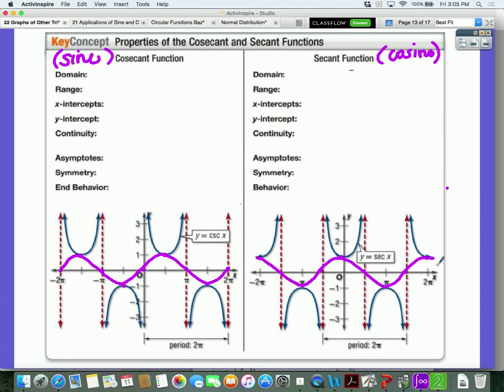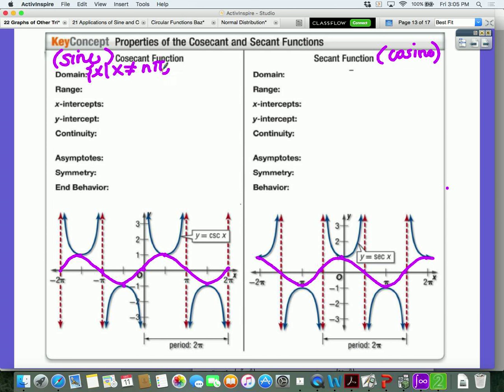And then the maxes and mins on sine and cosine are basically the either mins or maxes for secant and cosecant. Okay? So, filling this in real quick. Your domain is all real numbers except n pi. Okay?